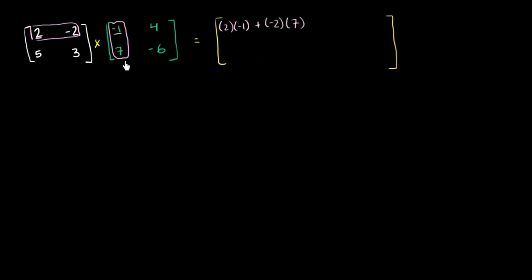Notice I took the product of the first entry in the row and first entry in the column, then the product of the second entry in the row and second entry in the column, and then I added them together. That's essentially taking the dot product of this row vector and this column vector. If you're not familiar with vectors and dot products, don't worry about it. We just took the product of the first entries, the product of the second entries, and added them together to get some number, and we'll calculate that in a few seconds.